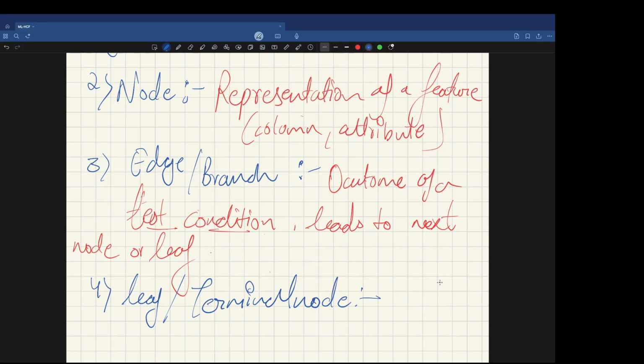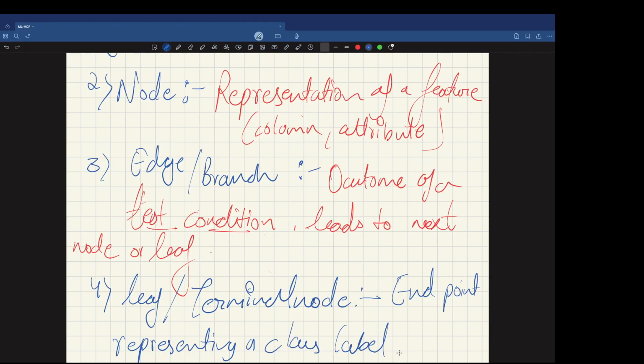Where we know that it is having the pure... I forgot the term. Leave, I'll just copy paste from the notes. In my notes it is written endpoint representing a class label or value.